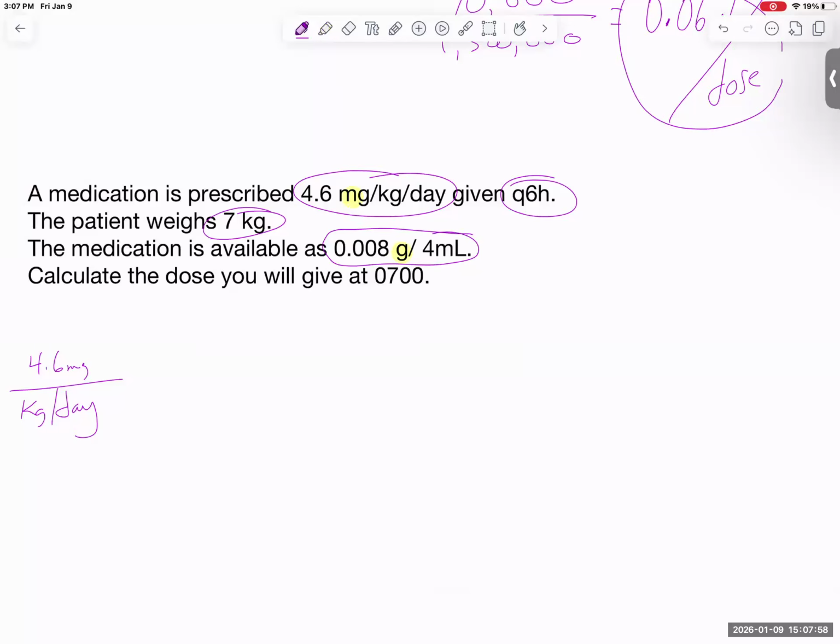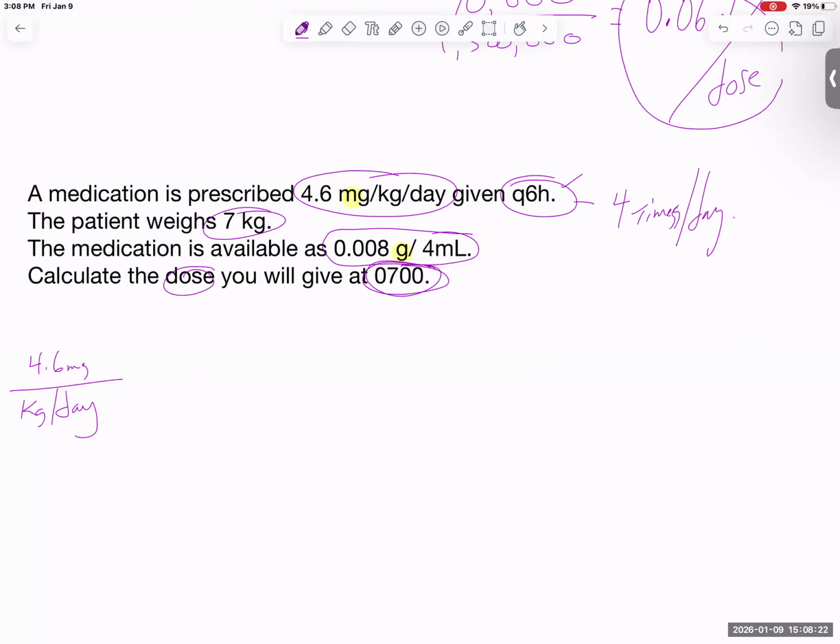And they want to know what dose you're going to give at the specific time, 7 a.m. So how often is every 6 hours? How often is a patient receiving this med? Every 6 hours is 4 times a day.